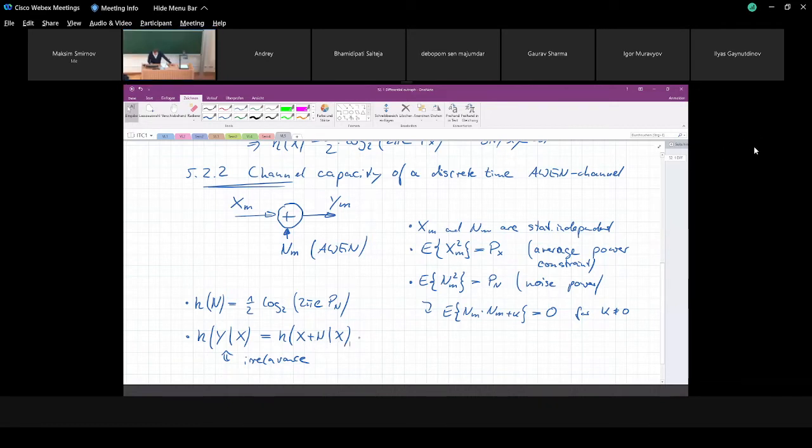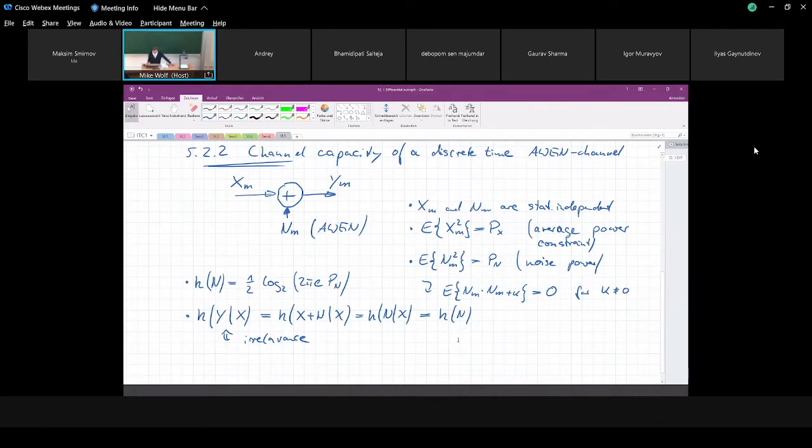So this is just equal to h of n given x. But x and n are statistically independent, and therefore this is the same as h of n. This is a very simple proof. So now we have this irrelevance.